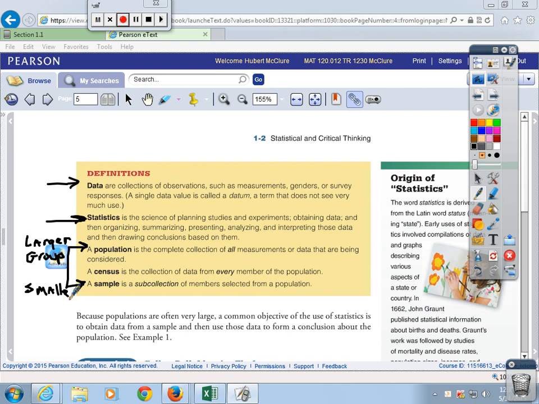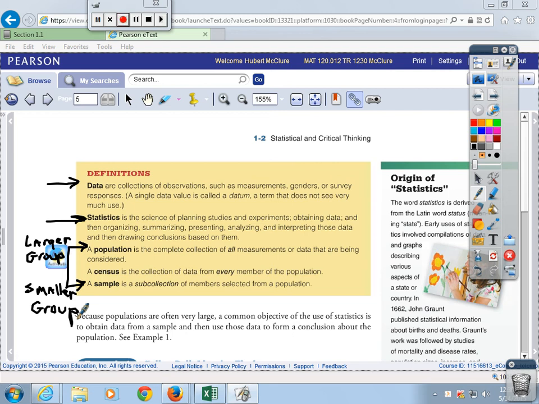Now, why would you want to do all the statistics and gathering of a smaller group versus a larger group? What are the 2 most important things in our lives? Time and what? Dollar signs. Money.